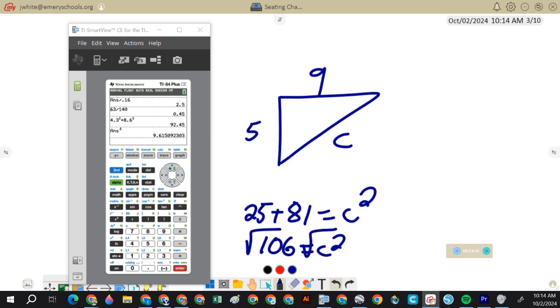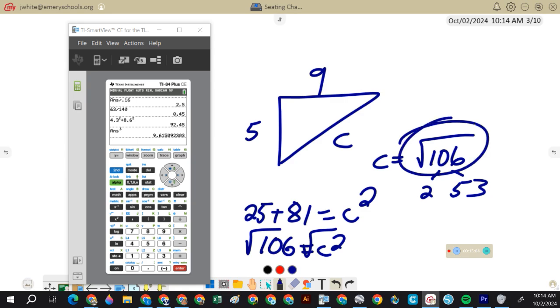We take the square root. C equals the square root of 106. 106 is 2 and 53, and 53 is prime. So that one does not go any farther. So the answer is the square root of 106.